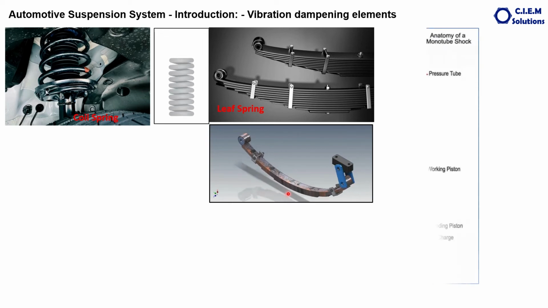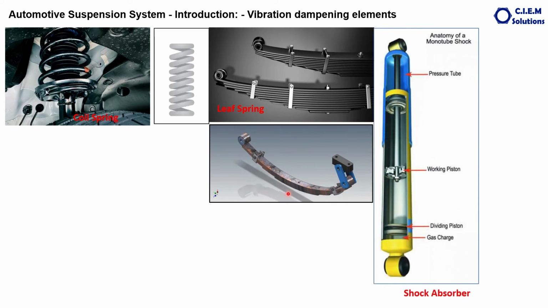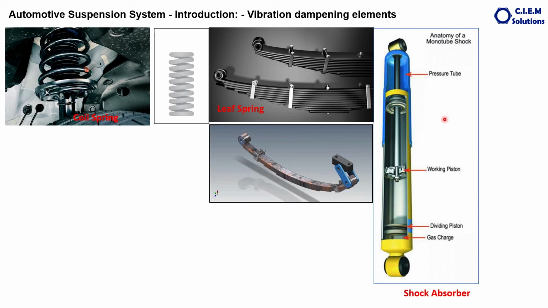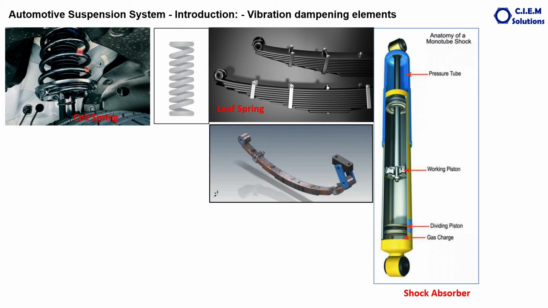And the third component is the shock absorber. The shock absorber is mainly used in combination with either of these two dampening devices, either the coil spring or the leaf spring.